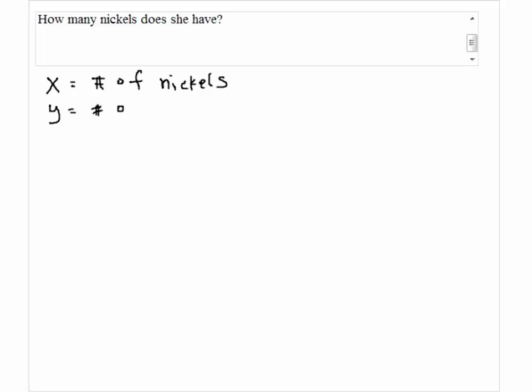And we let y be the number of dimes. Since she has 2 more dimes than nickels, we can make the equation y equals x plus 2.